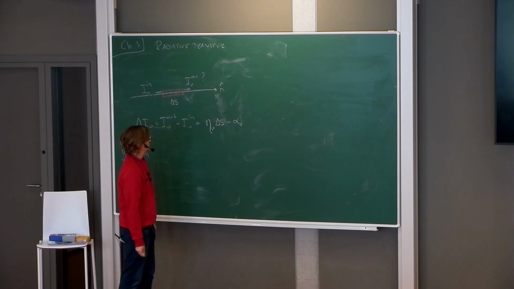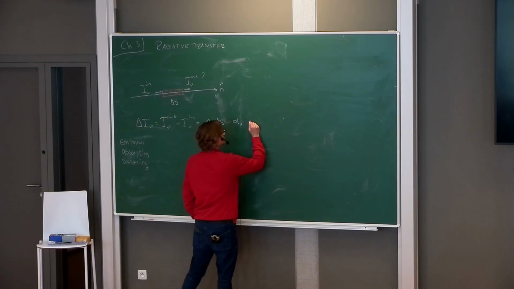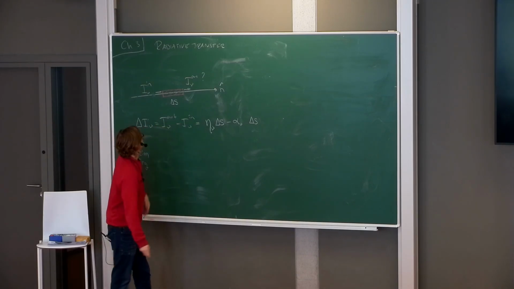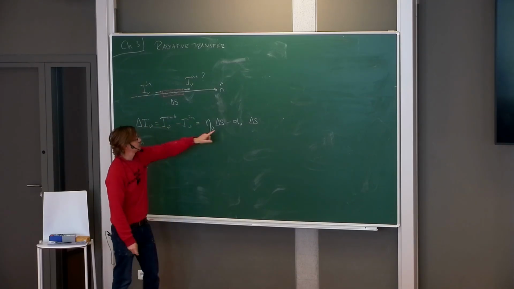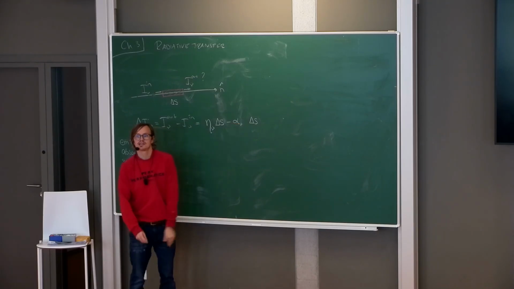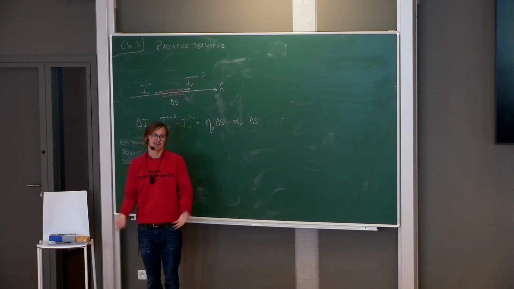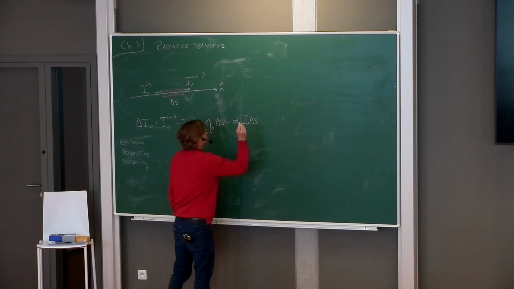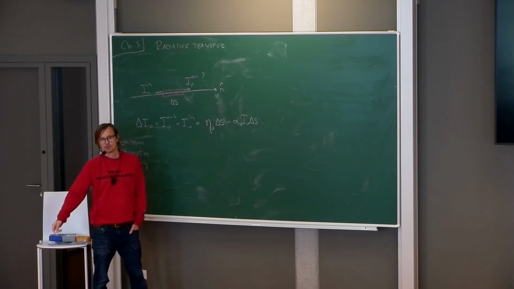Now, that alpha nu will also be proportional to the length segment, intuitively, but it's actually also proportional to the intensity that is coming in at that point, which hopefully is also intuitive, because if you don't have any intensity coming in, of course, you can't absorb anything. There's nothing there. So that's going to be proportional to I nu at that point.